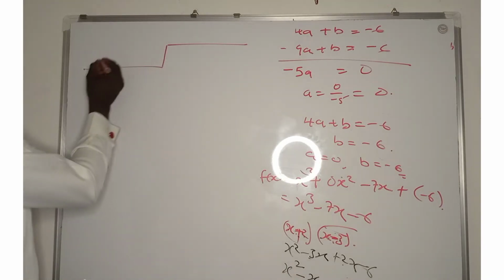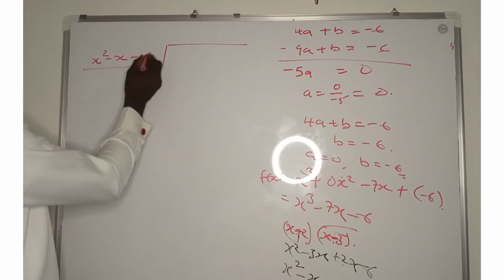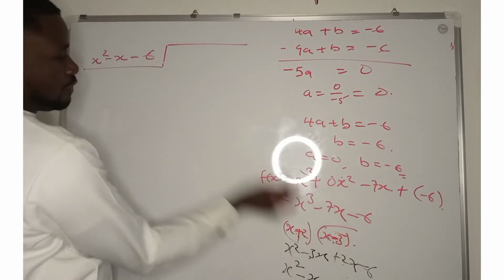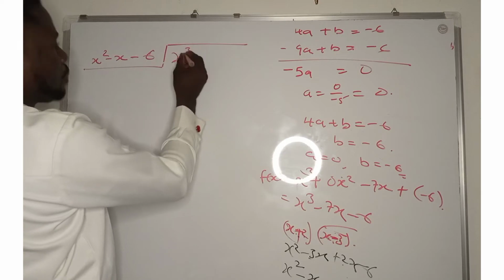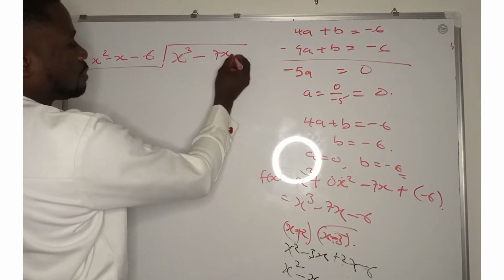This is my divisor, x squared minus x minus 6, and the dividend goes up here: x cubed minus 7x minus 6.